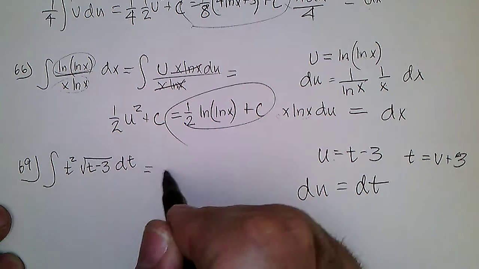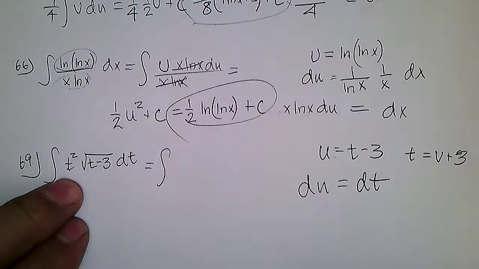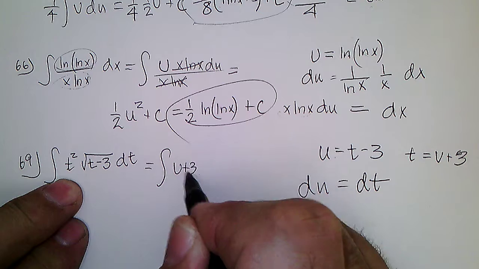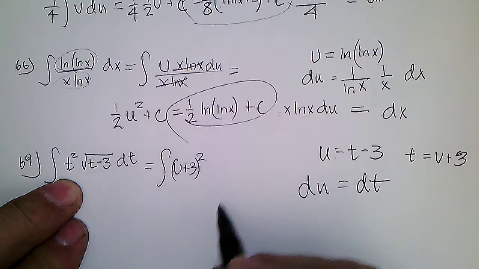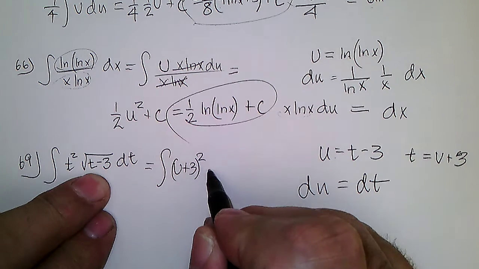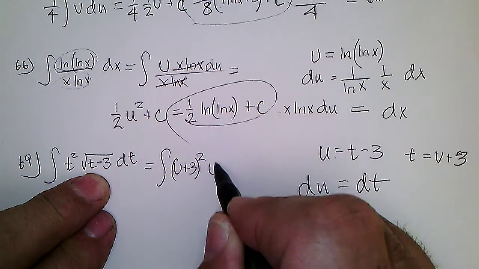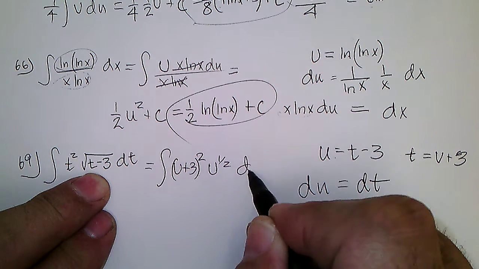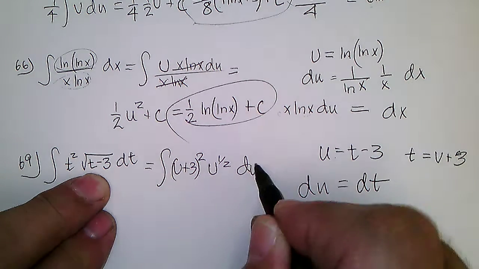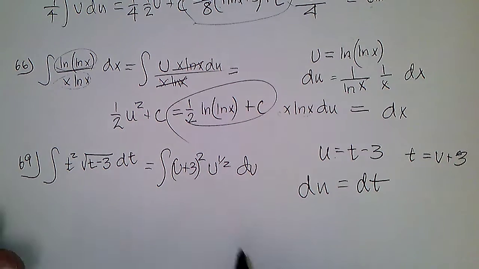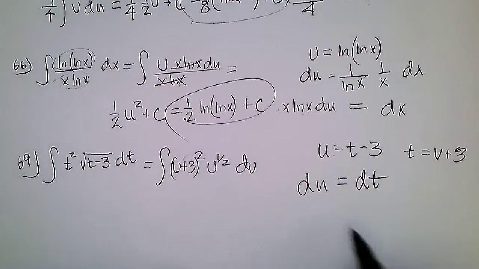So I'm going to get the integral of u plus 3 squared times the square root of u, which is u to the 1/2, and du is dt, so just that. So I'm going to square that.